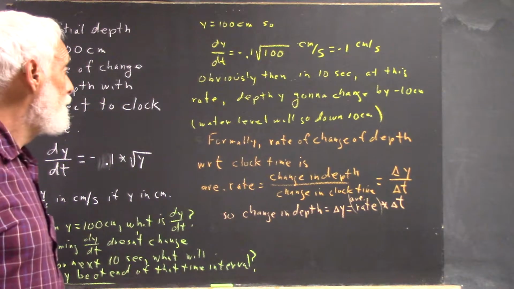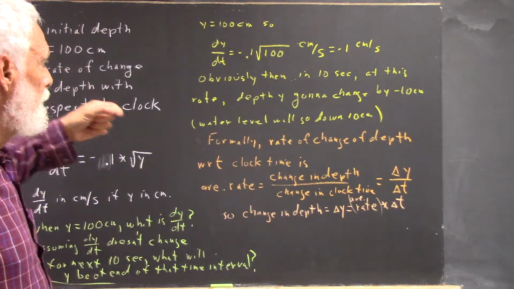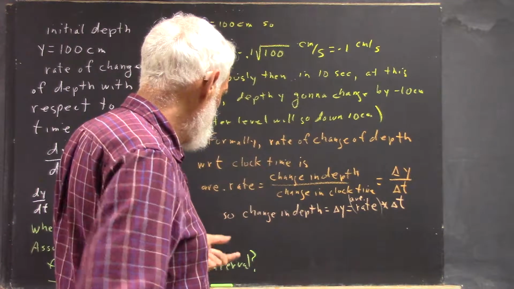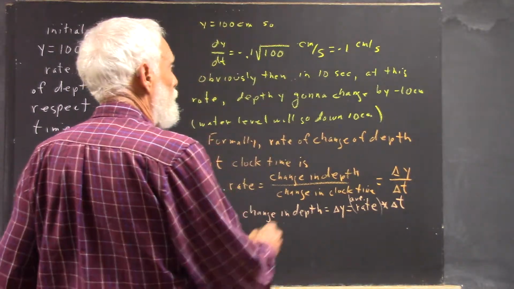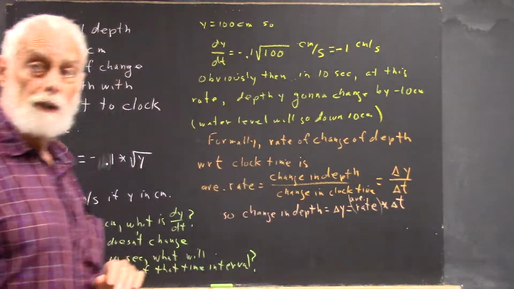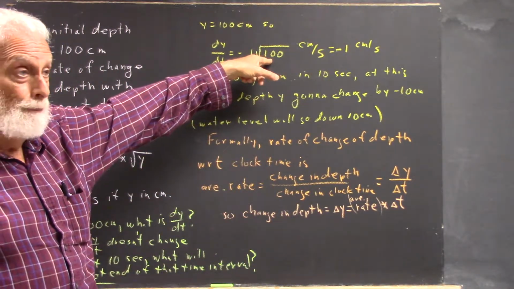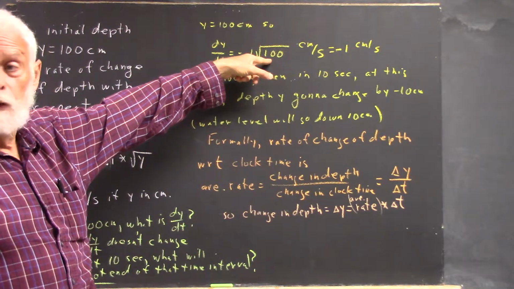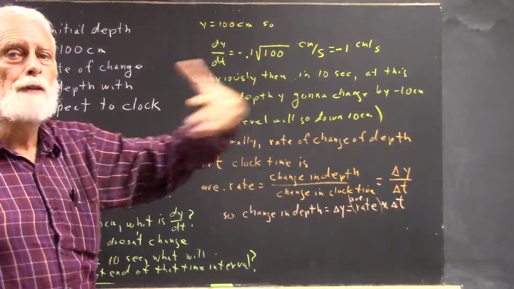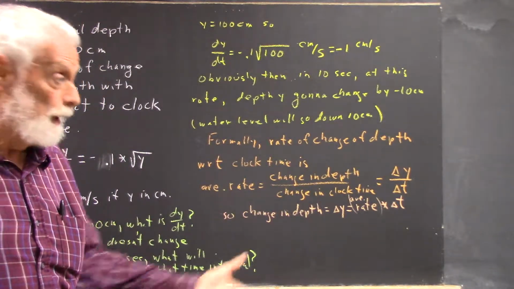Now, this -1 centimeter per second we're taking to be an average rate. It's also an instantaneous rate. It's the instantaneous rate when the depth is 100, right? And we're assuming that that's going to be the average rate for the next 10 seconds. Is that really going to be the case?